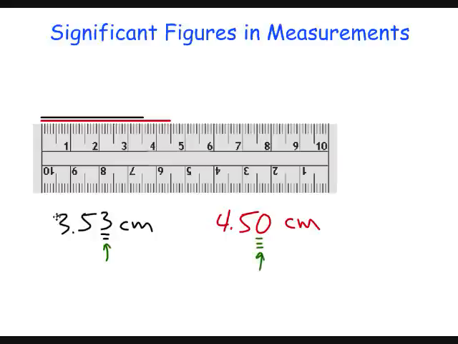Because the reality is that maybe it's a fraction over that or a fraction under that, so 4.49 or 4.51, but that's still the digit that we're guessing at. So we need to have the same implied precision if we're using the same instrument. And again, these zeros become a little bit complicated, which we'll see in just a moment. So in the 3.53, we have 3 significant figures. In the 4.50, we would also have 3 significant figures.